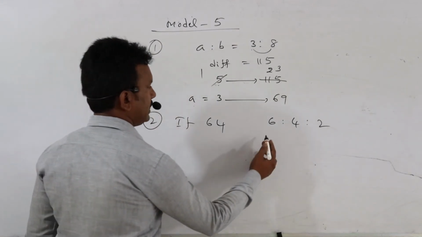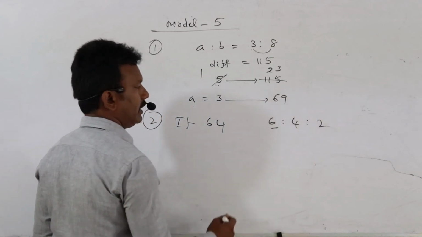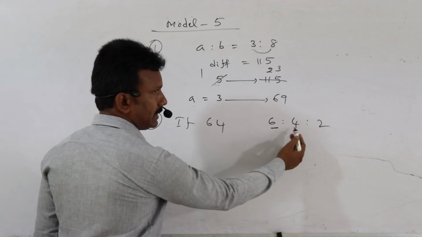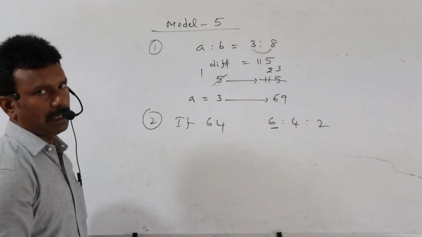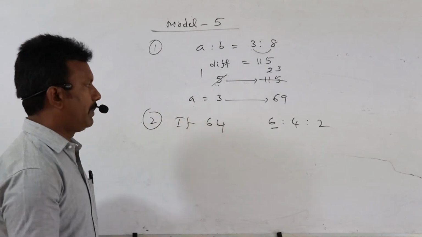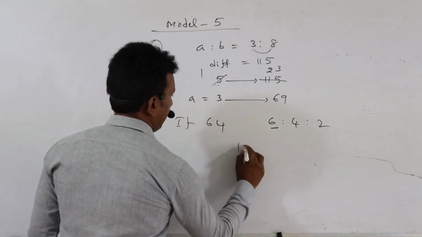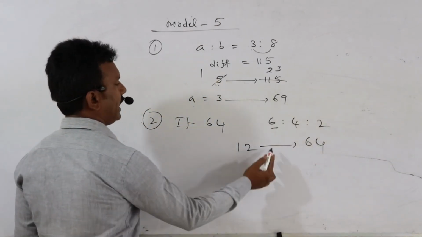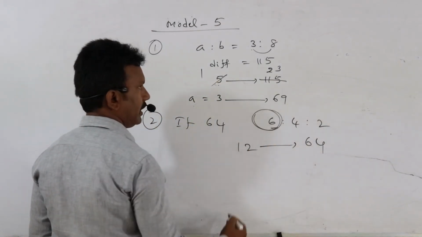So the greater part means 6 parts. The total parts in our ratio 6, 4, 2 are totally 12 parts. So 12 parts is 64. Then we have to find the greater part of the ratio.